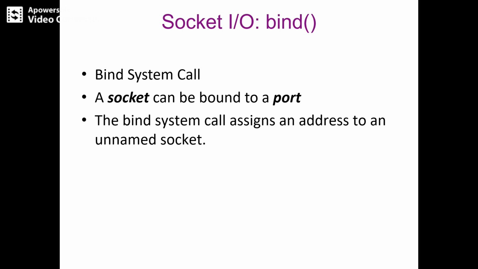We have seen the address format as the internet, so there we need to bind to a port number. The port number should be a unique identity. The bind system call assigns an address to an unnamed socket. A socket is created which is unnamed, then we give it a particular address format. That address assignment is done by the bind system call.